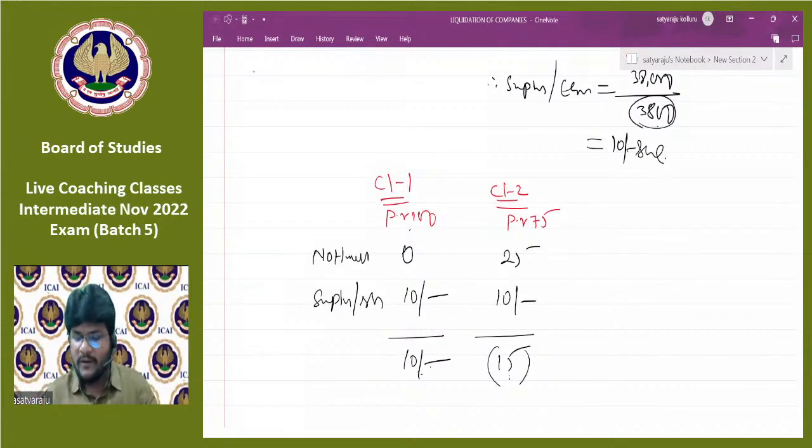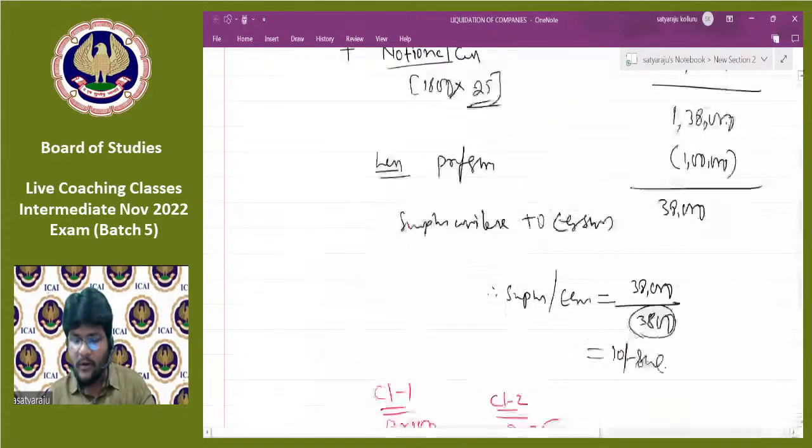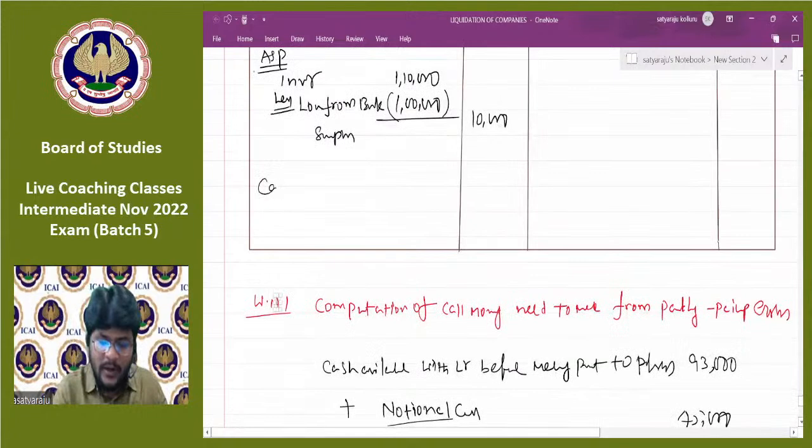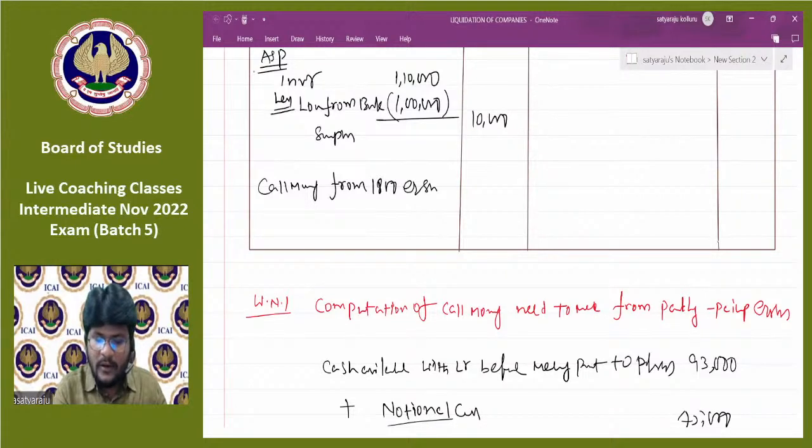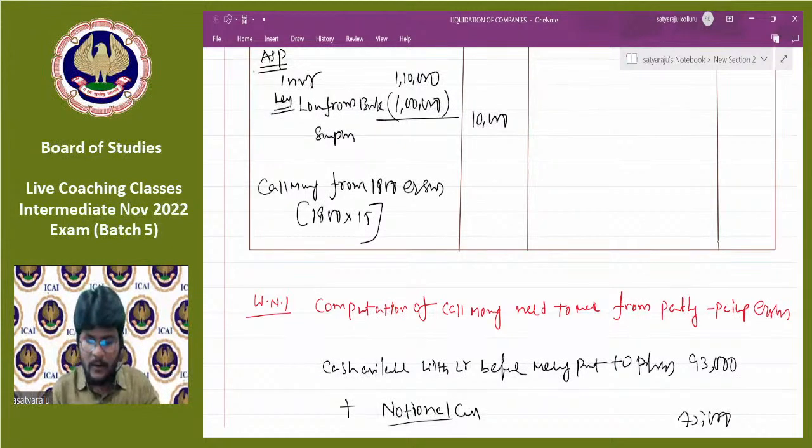Now all of you please concentrate. First, we will ask 15 rupees as call money from the partly paid up equity shareholders, from 1,800 equity shareholders. 1,800 into 15 rupees is equal to 27,000.